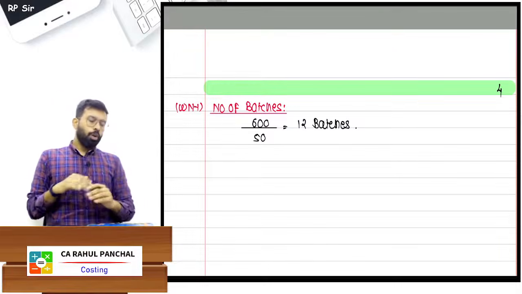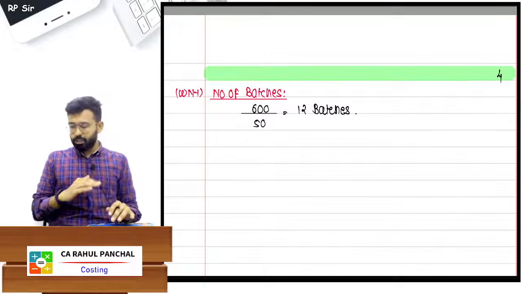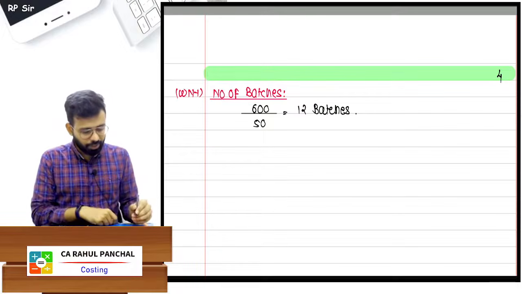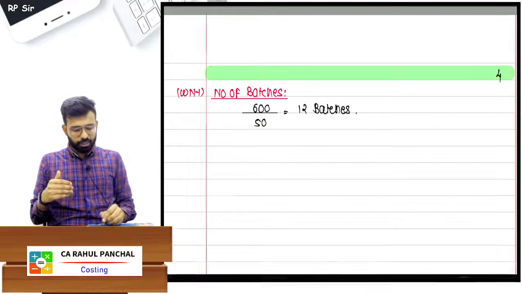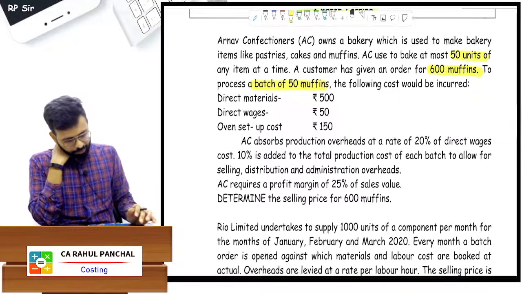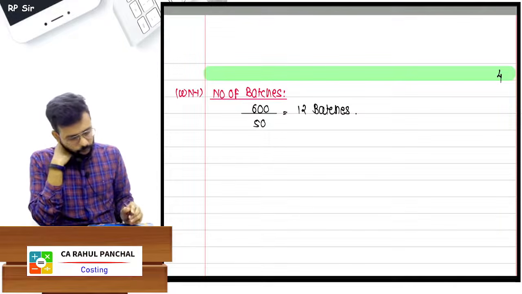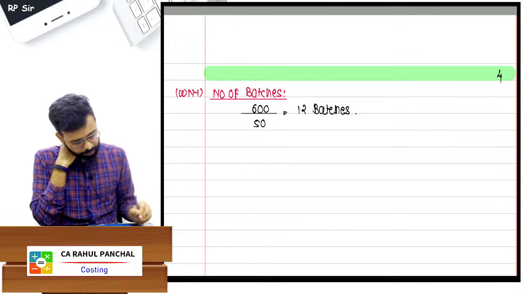Now once you get this as 12 batches, the next thing will be we can make the cost sheet. To calculate the answer, we just need the cost per batch. So let us first calculate the cost per batch. Working note number 2.